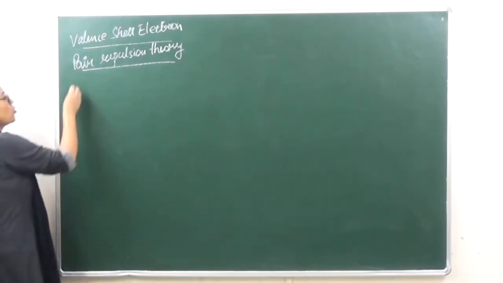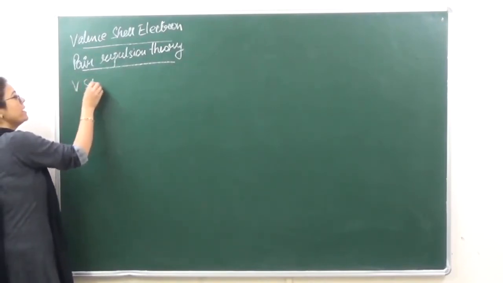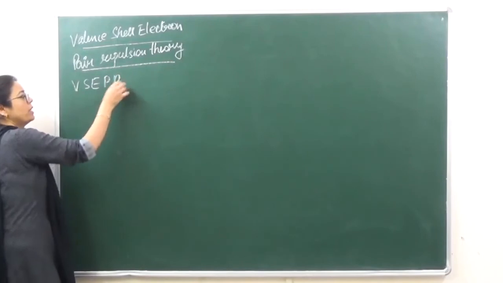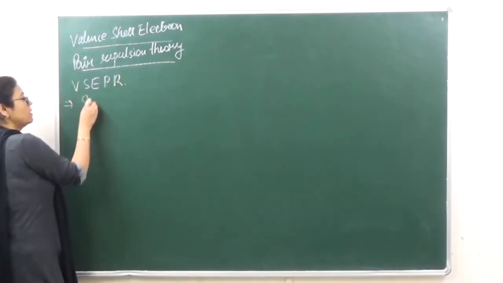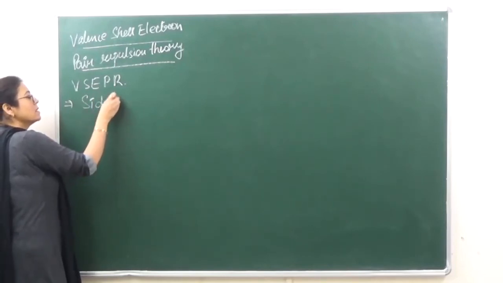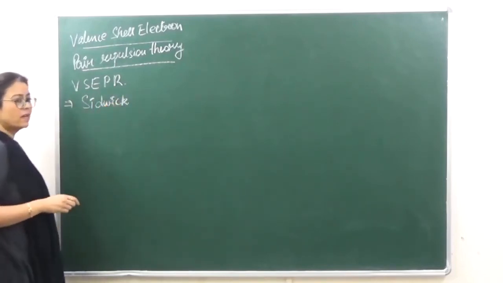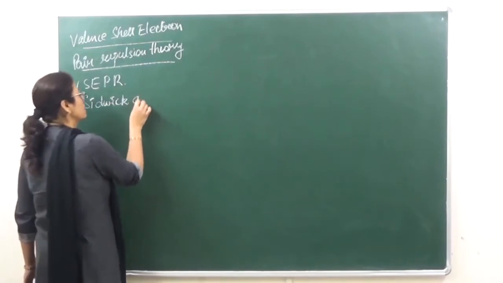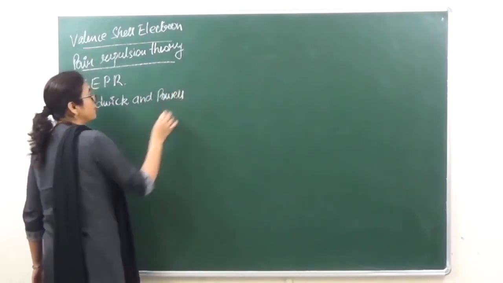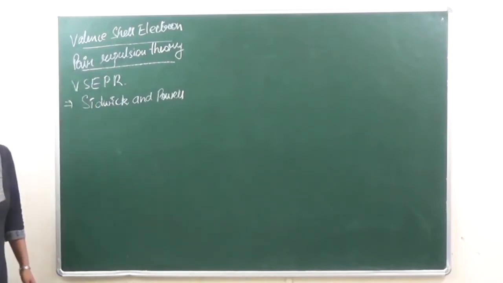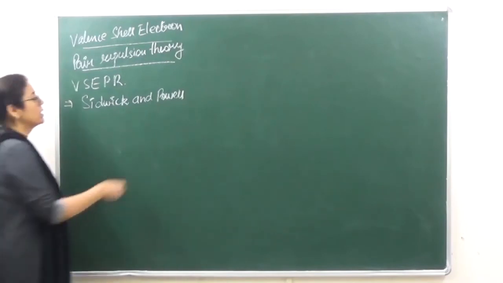This theory is also known as VSEPR theory. The theory was put forward by two scientists, Sidgwick and Powell. These were the two scientists who gave this theory in the year 1940.